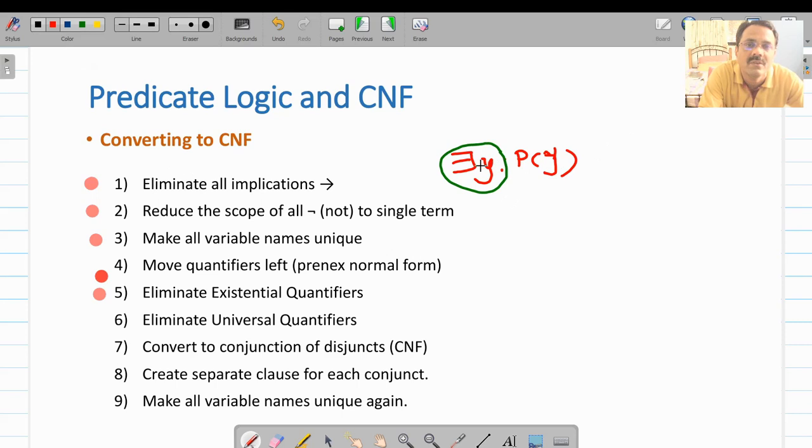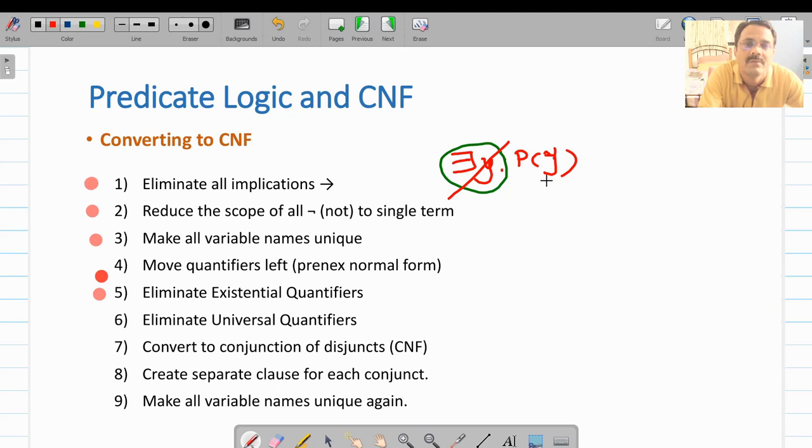So if I know that particular value of y, I can remove there exists y and substitute that value in place of y. If I do not know that value, you introduce a function as an argument to the predicate, assuming that function will return that constant value, because we know that a function returns some value.